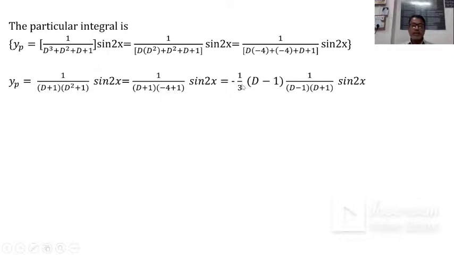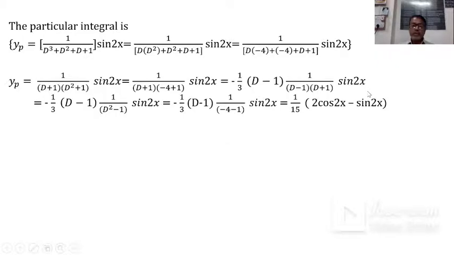This is minus 3, means minus 1 upon 3, 1 upon D plus 1 operate on sin 2x. We multiply this by D minus 1 and divide by D minus 1. Rearranging this, we get the next as minus 1 upon 3, D minus 1 upon D square minus 1, sin 2x.